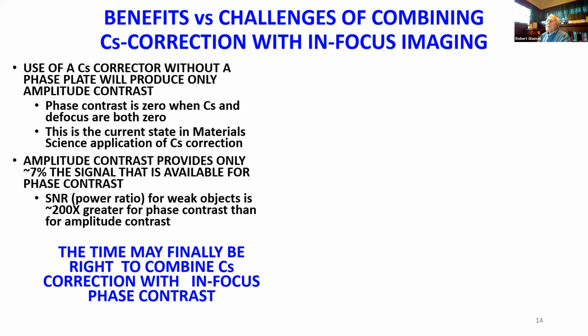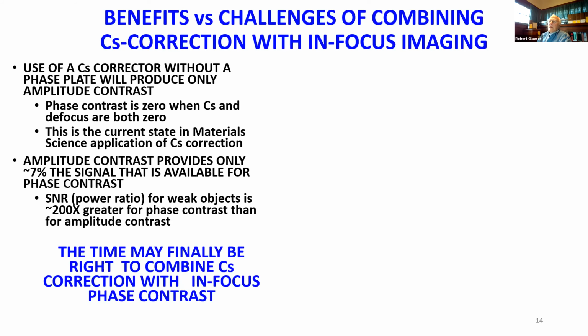And this is the current state in material science, where people are very successfully using spherical aberration correctors in TEM as well as STEM. The images are necessarily amplitude contrast because there is no phase plate. And I remind you that I started the talk by saying that amplitude contrast provides only about 7% of the signal that is available in phase contrast.